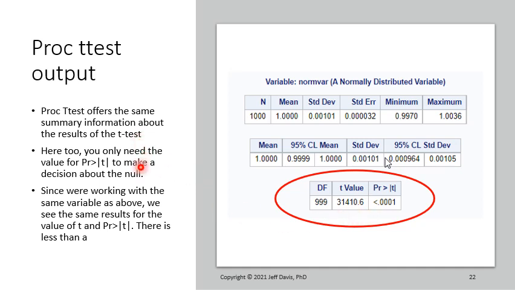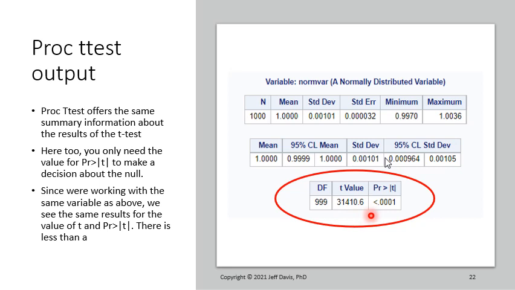All right, so here we have a really small value for the probability of t. Okay, so the probability of your data occurring in a distribution that represents random error. Okay. All right.